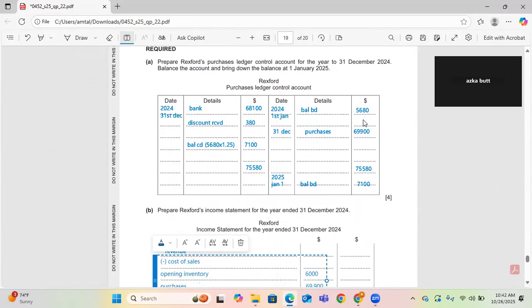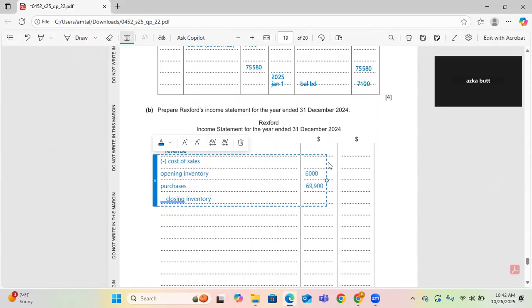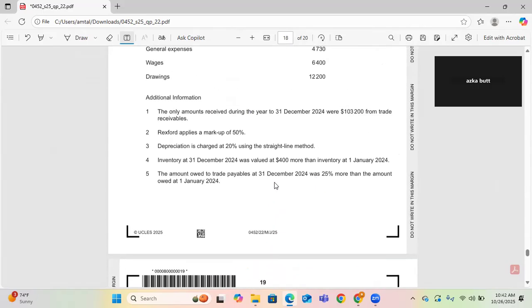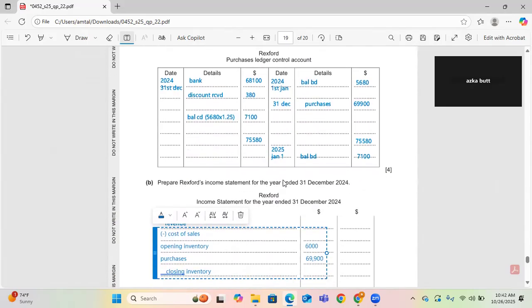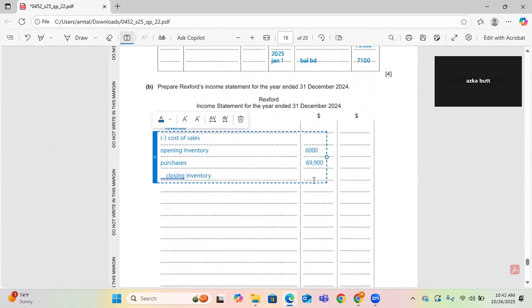So the ending inventory is 400 more than the opening inventory. So if the opening inventory is 6,000, it will be 6,400. And this is what we need to deduct, 6,400.